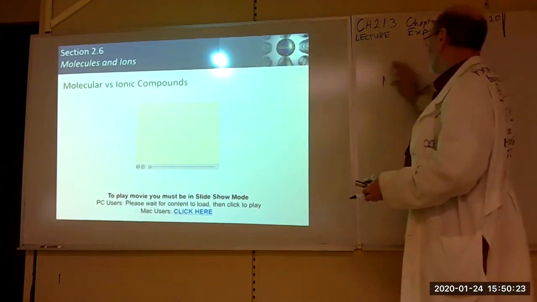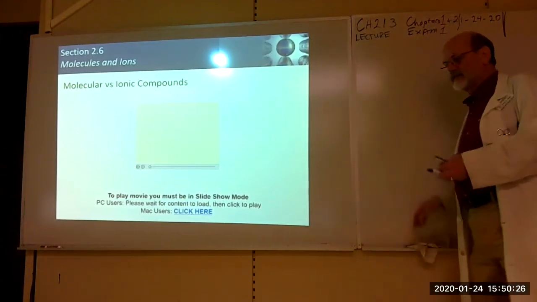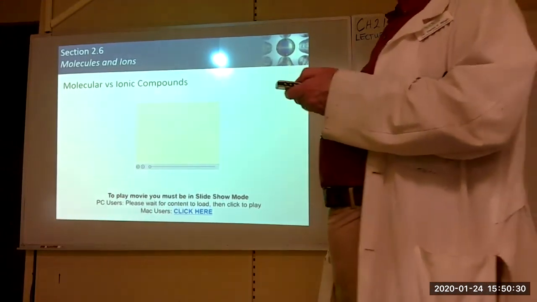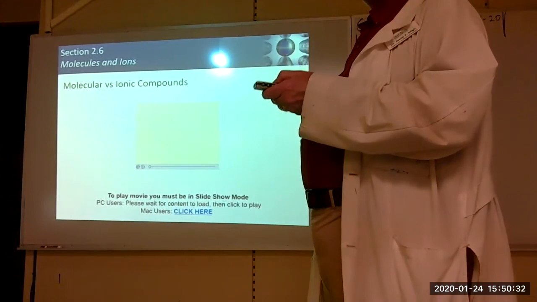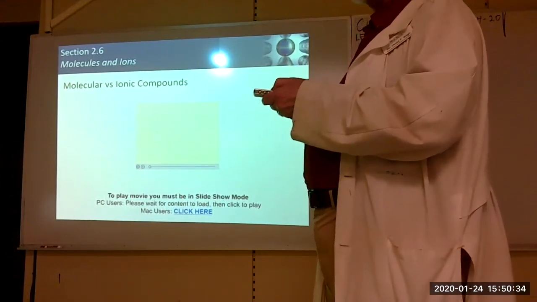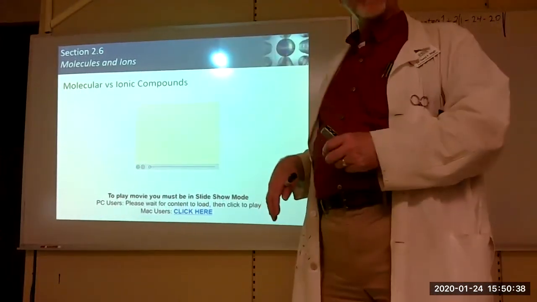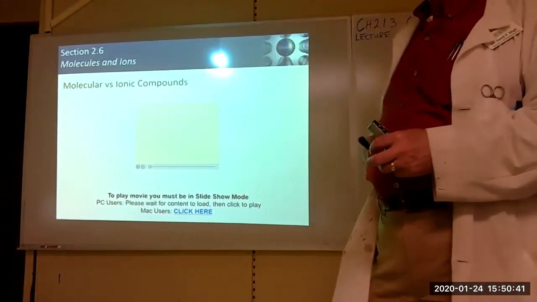How do you know if it's that and not a molecular substance? Rule of thumb, if the cation comes from this side, the anion comes from that side, you've got an ionic substance. The farther apart they are, the more ionic the character of the bonds. Okay?